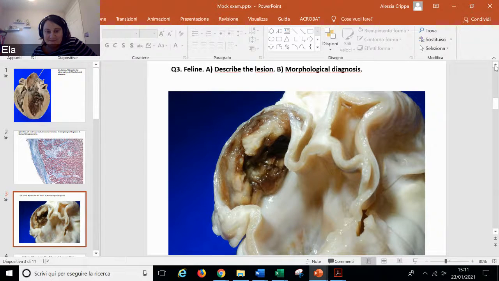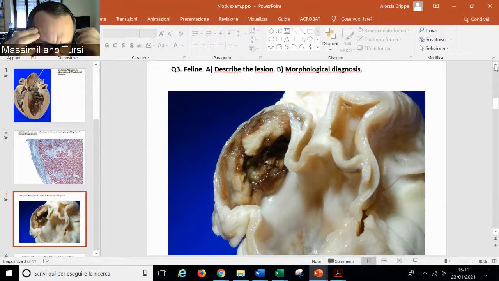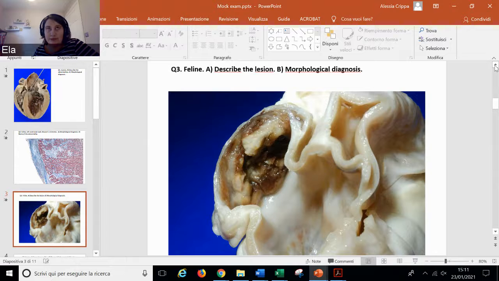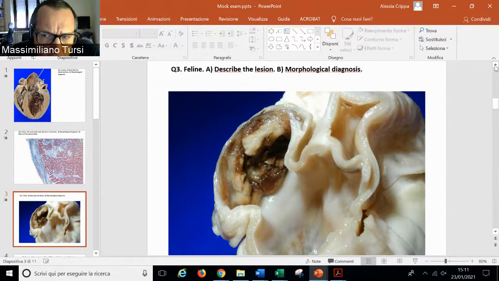There is no infiltration, but it is adherent. And so, what is your conclusion? It will be a thrombus. That's a thrombus. It is not very clear, but maybe with a little speculation, we may see that there is also dilatation of the atrium and auricle.